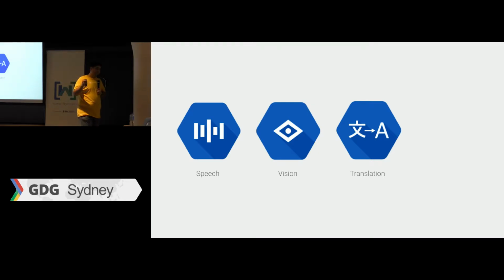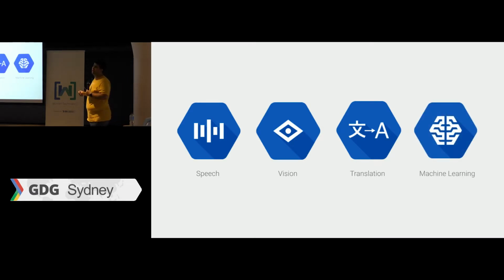They are speech, vision, and translation. We also have a specific set of APIs and infrastructure coming called machine learning. What this is going to allow you to do is train your own models, serve those models, and basically use it all throughout your backend infrastructure if you want.